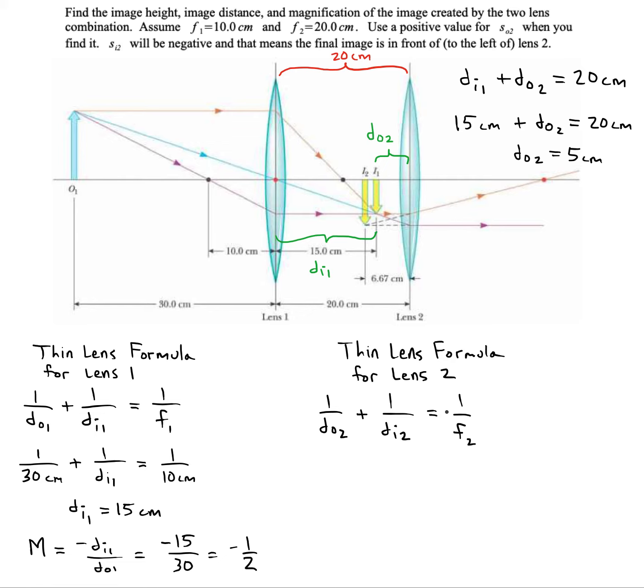Now let's plug in. We'll have 1 over 5 plus 1 over di2 equals 1 over 20. 20 is the focal length of lens 2.